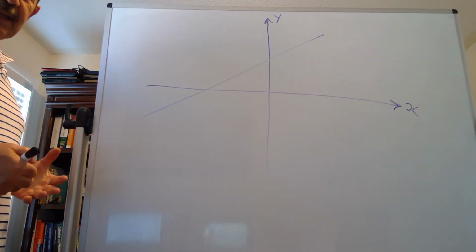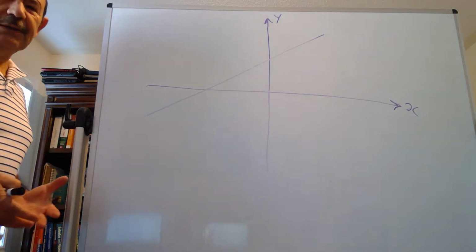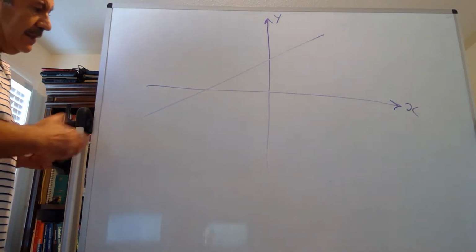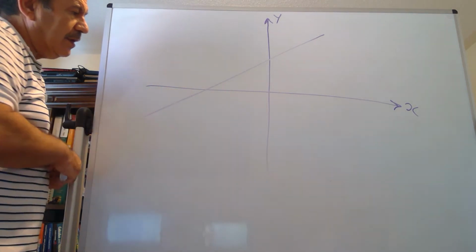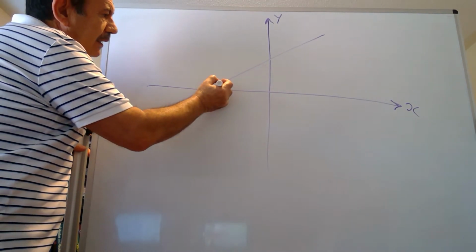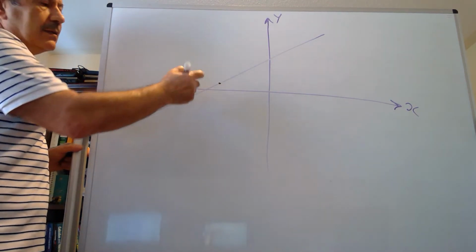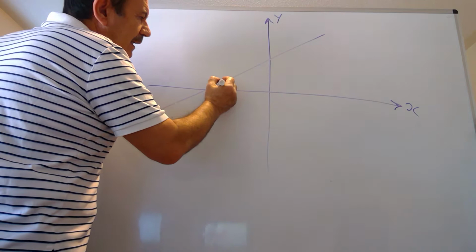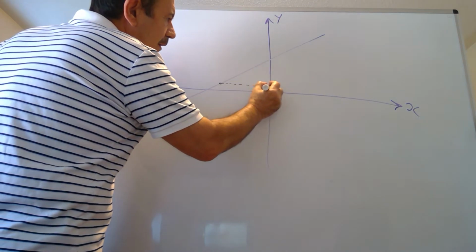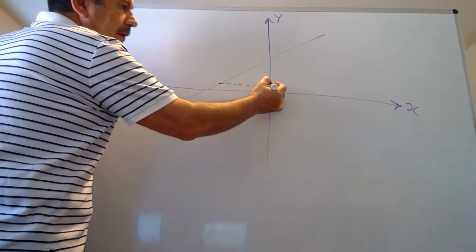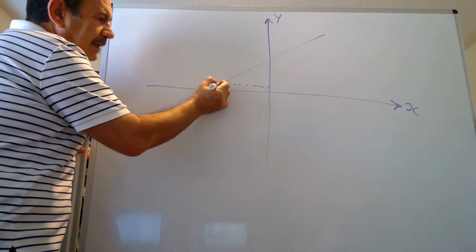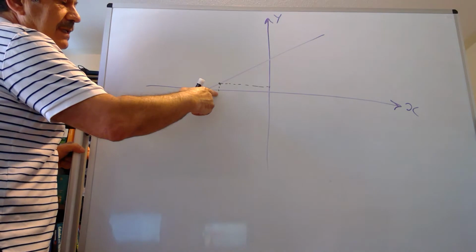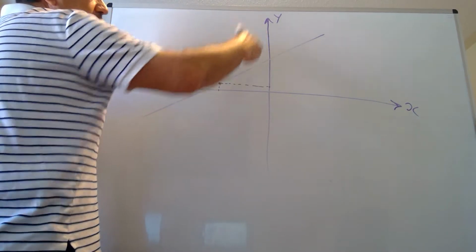What is a slope? A slope is a change in altitude, a change in height. When we are moving, just imagine we are moving on this line. Imagine a point on this line. The height of this point is here. On the horizontal axis, this is the x, and this is the height of this point.